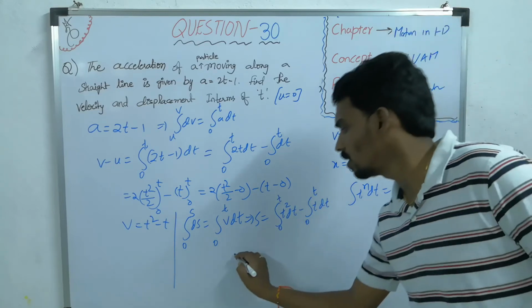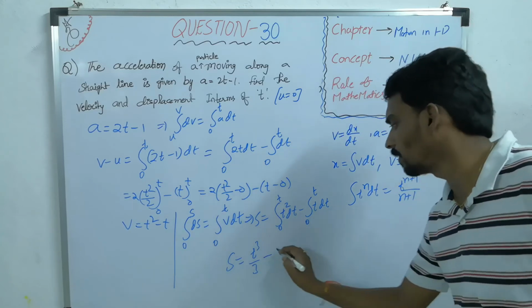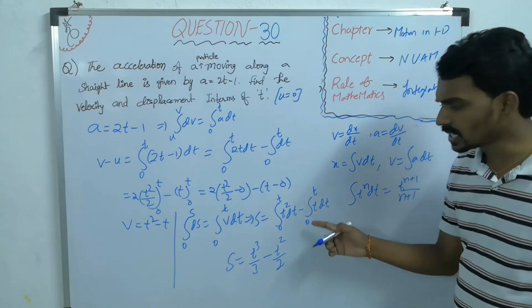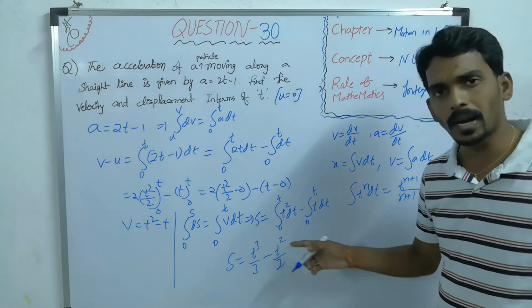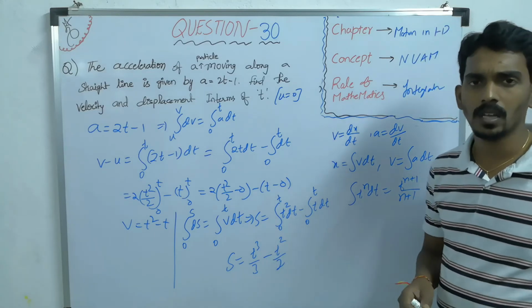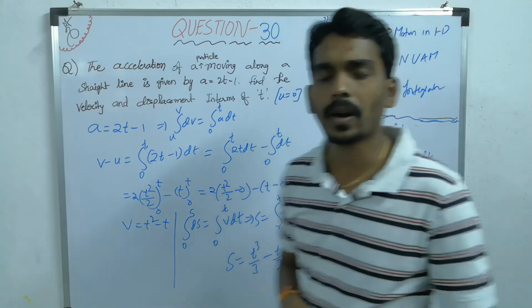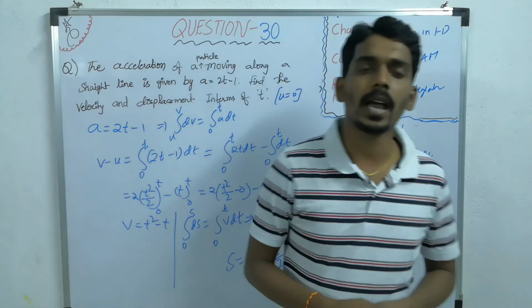It becomes t cube by 3 and t square by 2. So what is the displacement of the particle now? t cube by 3 minus t square by 2. Here the concept of integration is utilized in finding velocity or displacement from acceleration.